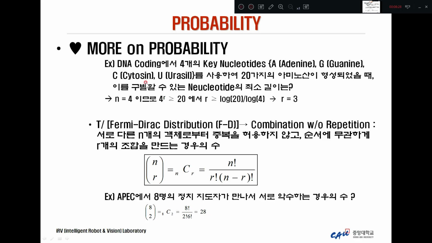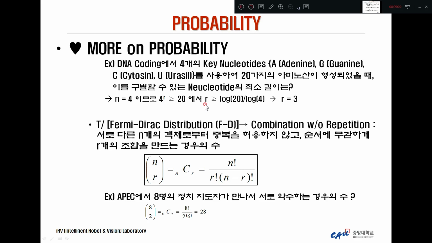Then what is the smallest length of this nucleotide sequence? We have 4 different and distinct objects here, so n is 4, and in this case replacement is possible. So 4 to the r is greater than or equal to 20 kinds of amino acids.